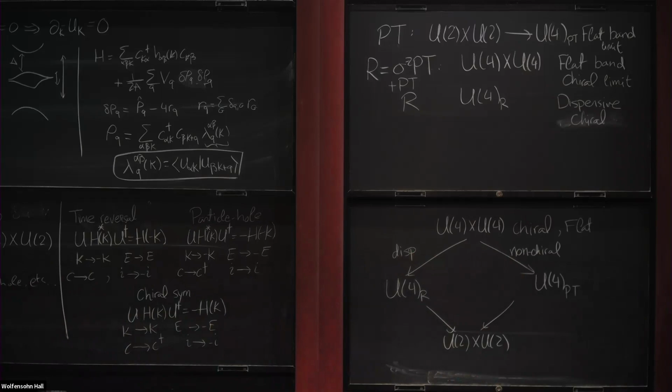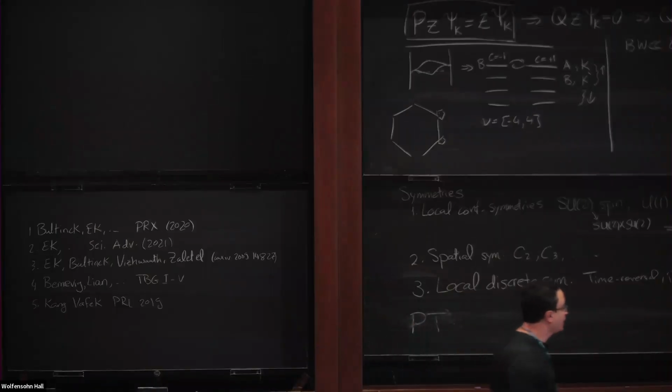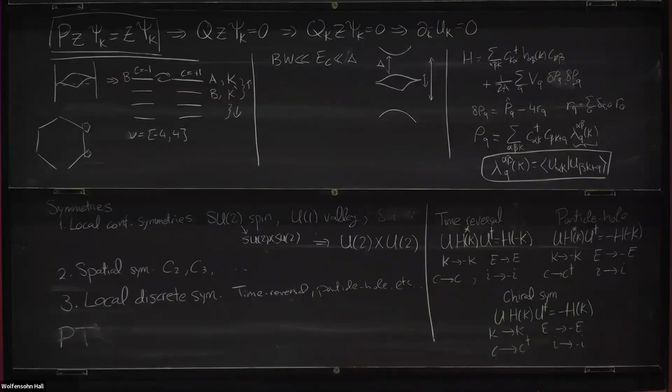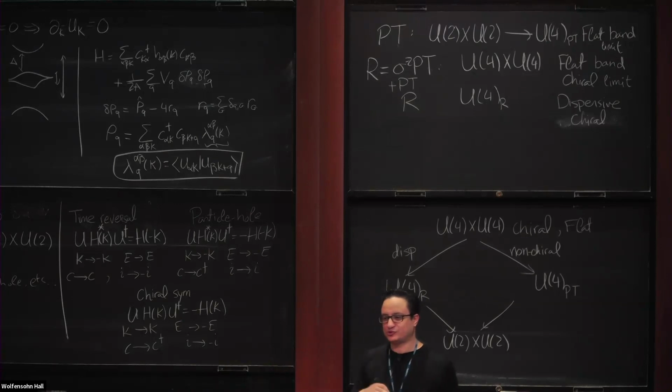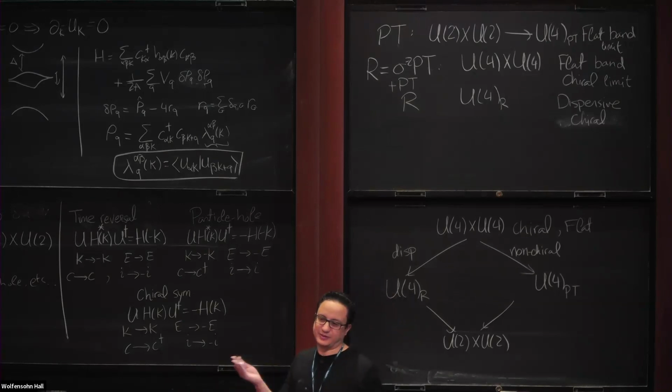What is the role of the dispersion? The dispersion breaks some of the symmetries. It breaks this U4, because this U4 comes from a generator that corresponds to a particle-hole symmetry, so it actually anti-commutes with a single particle term rather than commutes. You can only translate an anti-symmetry to a symmetry if the band is flat.